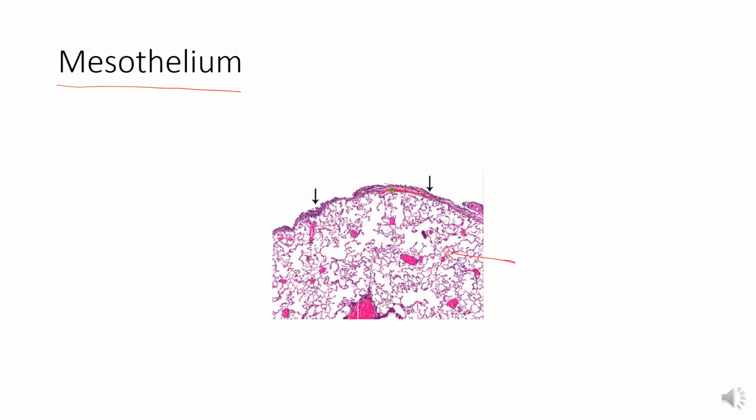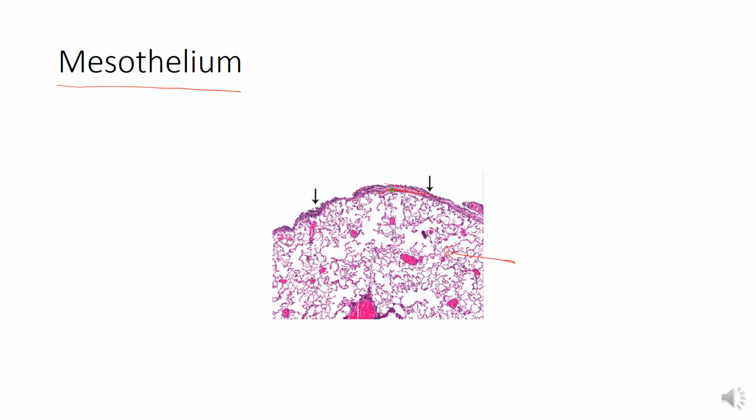Because of its thinness, the simple squamous epithelium allows rapid diffusion of gases, water and water-soluble molecules. However, in many locations, the simple squamous epithelium is also engaged in active transport and vesicular transport.